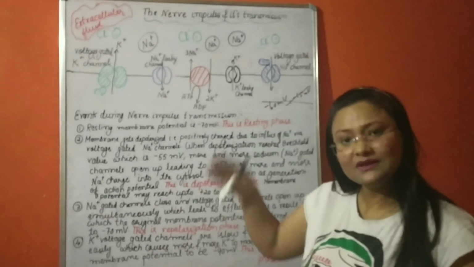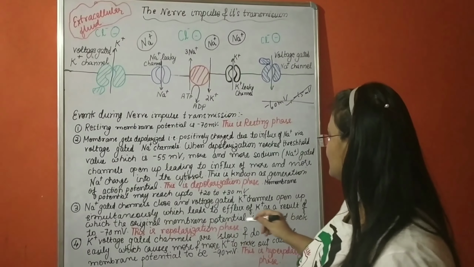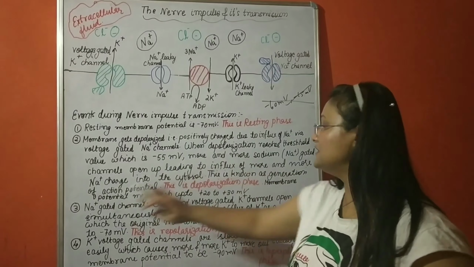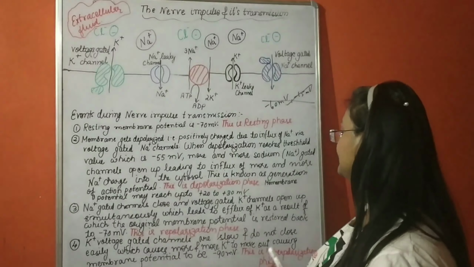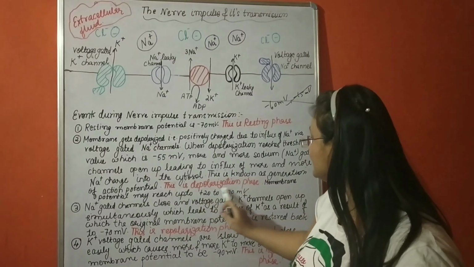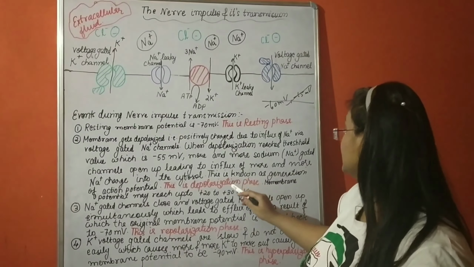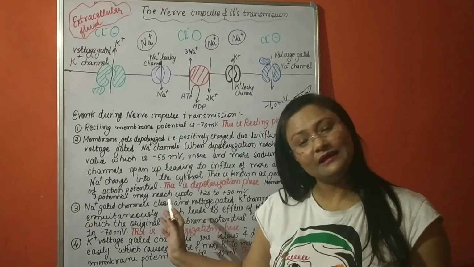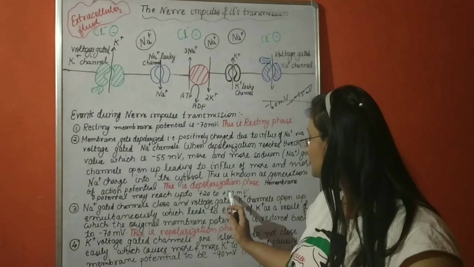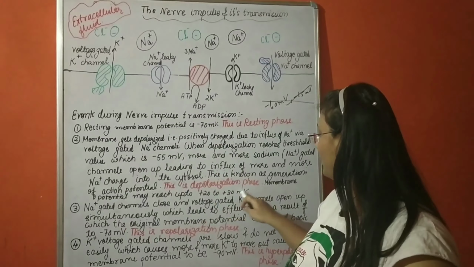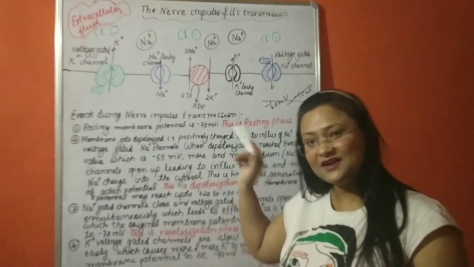More and more sodium will come inside the cytosol, and this is known as generation of action potential. And the phase is known as depolarization phase. During this phase, the membrane potential may reach up to plus 20 to plus 30 millivolts. Now from negative it has become positive. So this is known as depolarization.